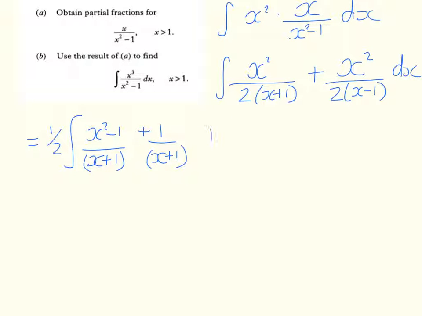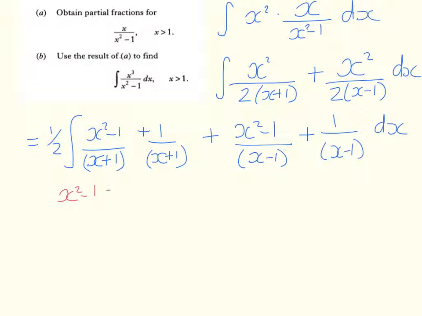And I'm going to do the same with the second one. So I'm going to replace that x squared with x squared minus 1 plus 1, and I'm going to split the fraction. So x squared minus 1 over x minus 1 plus 1 over x minus 1. Now, again, this is a difference of two squares, so we'll just remind ourselves that x squared minus 1 is x plus 1, x minus 1.